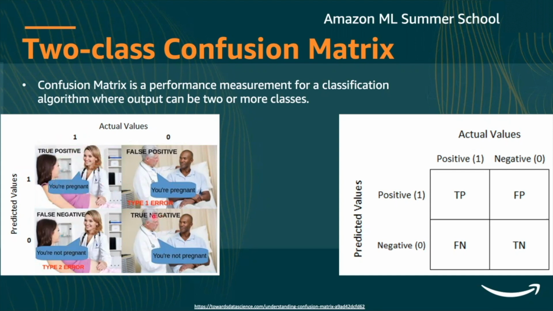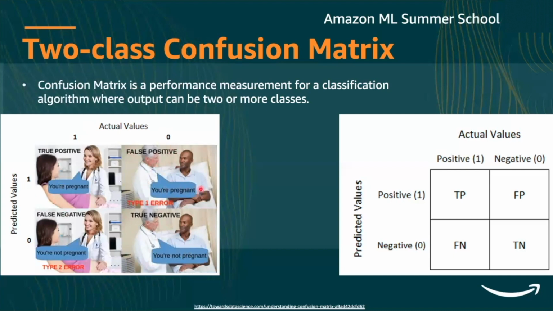Let's talk about the true negative case. If a male goes to a gynecologist and the gynecologist says that you're not pregnant, because it's unlikely for a male to get pregnant, this is a true negative, right? Because the actual value is 0 and the predicted value is also 0. Let's say a male goes to a gynecologist and he says, hey, you're pregnant.